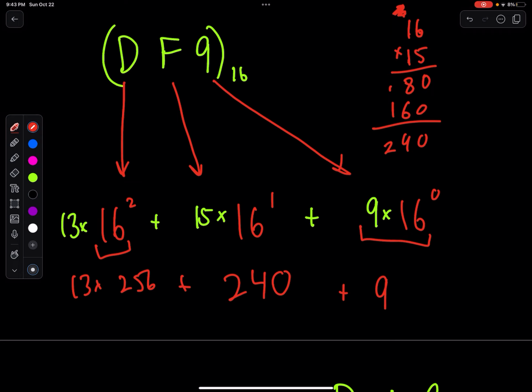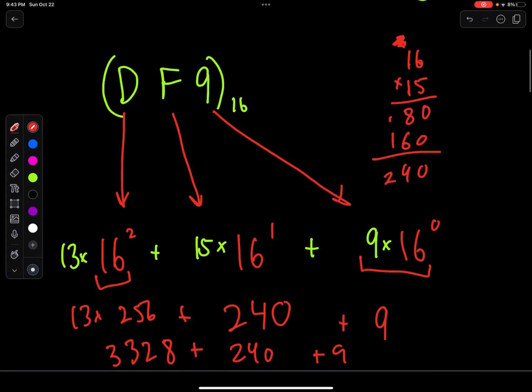So now we have 13 256s. That's 3328. So we got 3328 and 240 and 9. So the number DF9 in base 16, we line these all up.